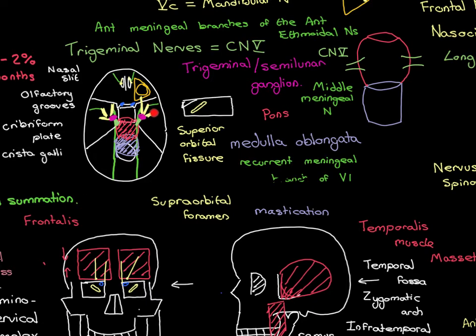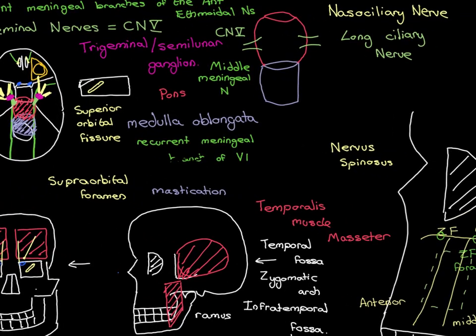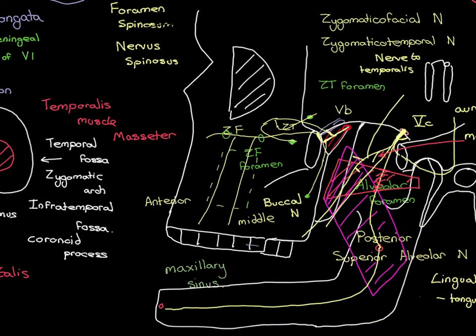We had the foramen ovale, and lateral to the foramen ovale, there's a tiny little foramen called the foramen spinosum, and that is the foramen through which the nervus spinosus is going to come. So the nervus spinosus comes through a little foramen that's lateral and backwards from the foramen ovale, called the foramen spinosum. And on our big picture here, it's in the perfect position.